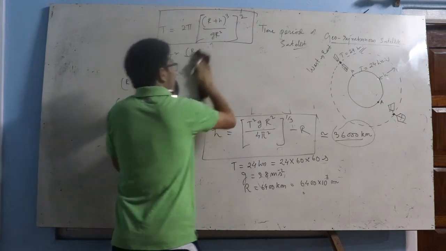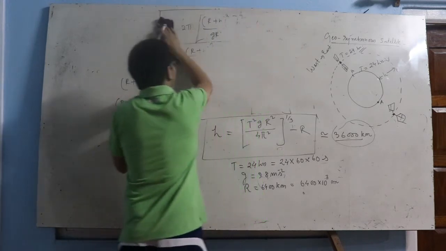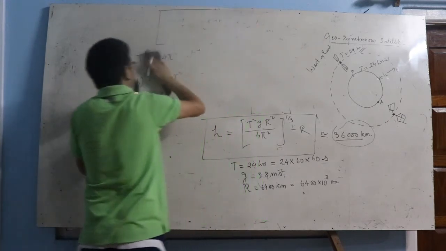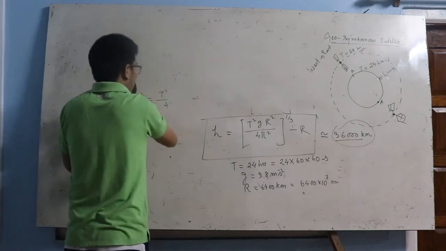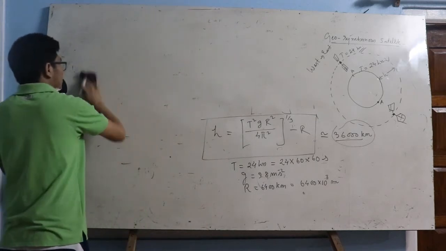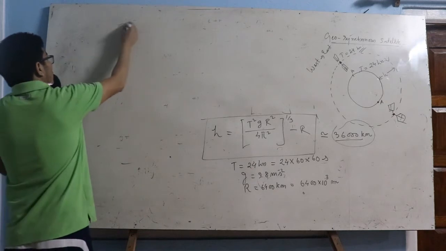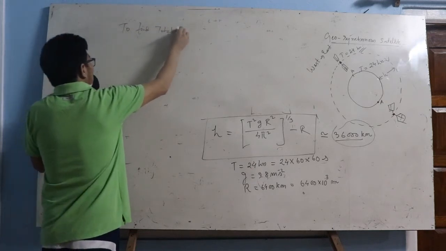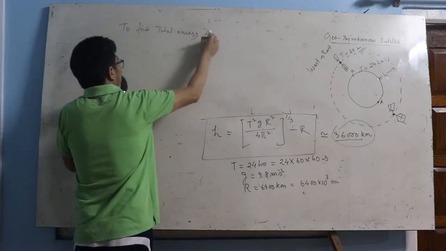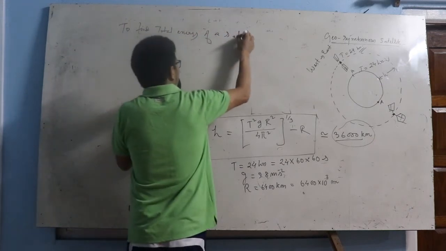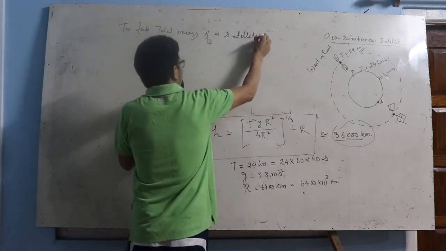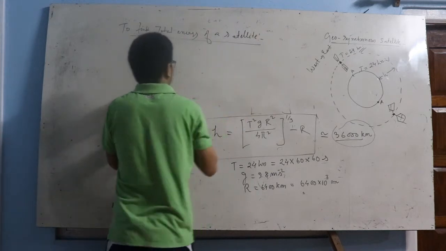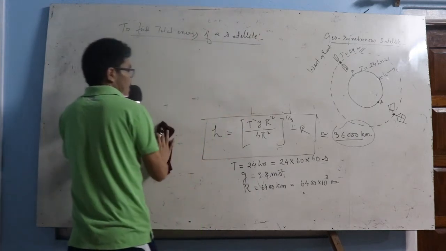So the last derivation for this unit gravitation is to find the energy of a satellite. Let us do that right now. So write the heading: to find total energy of a satellite. Let's see again, how do we do?